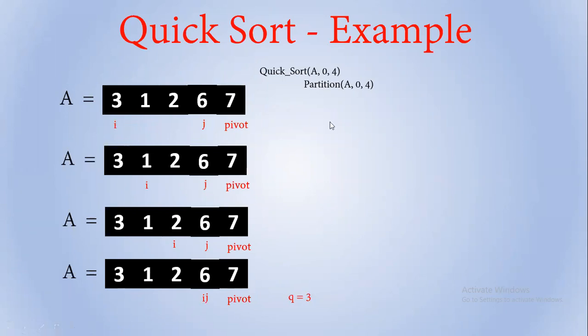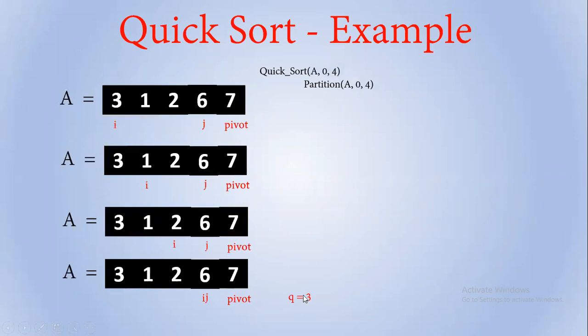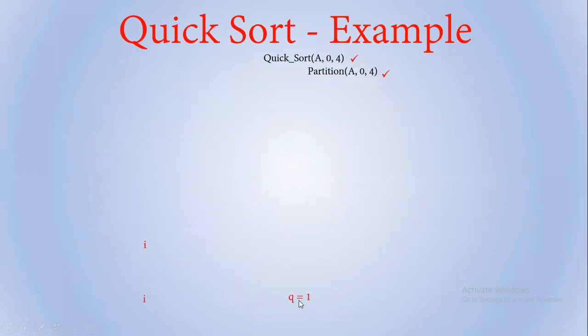Now these two are over, so the next should be quick sort A. Because we got Q equal to 3, we should go from L to Q minus 1. L is 0, Q minus 1 is 2. So we should do quick sort A, 0, 2.